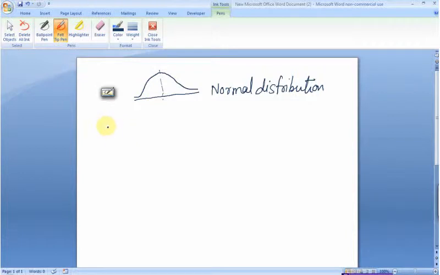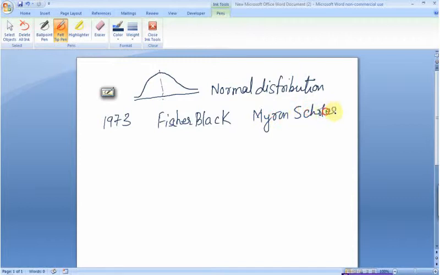But you looked at the simple pricing model, and it was the basis of what these two gentlemen did in 1973, Fisher Black and Myron Scholes, and they developed a model to calculate the theoretical price of an option, and this theoretical model came to be known as the Black-Scholes model.